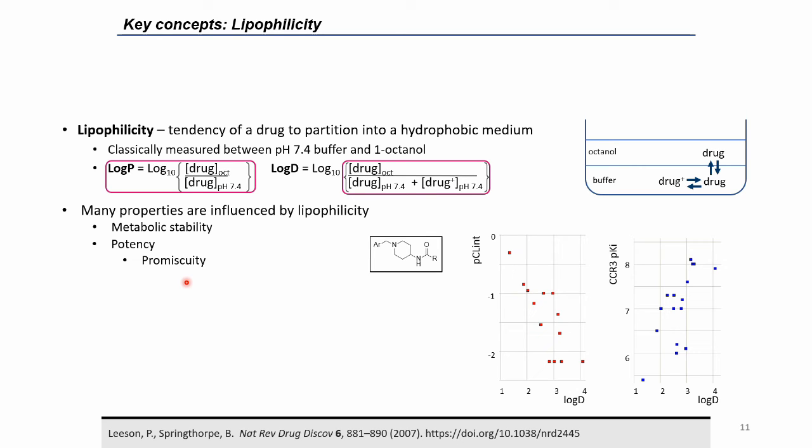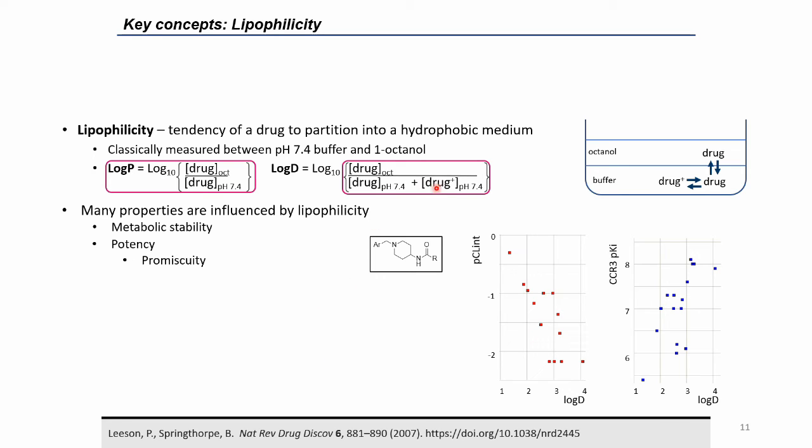Lipophilicity is readily calculated. There are very good programs out there that provide most of the time pretty good estimates of both log P and log D for drugs. And they do this by calculating the contributions. Log P can be made up of the different fragments of a drug, and you can get a pretty good sum.